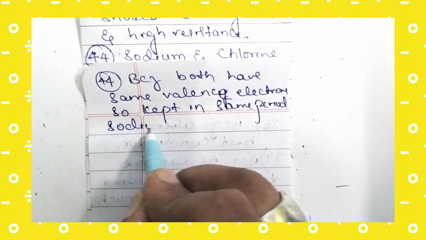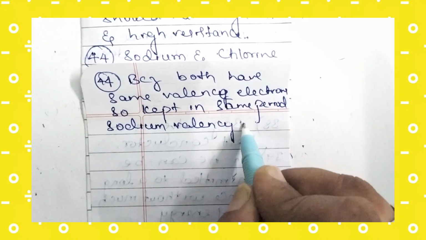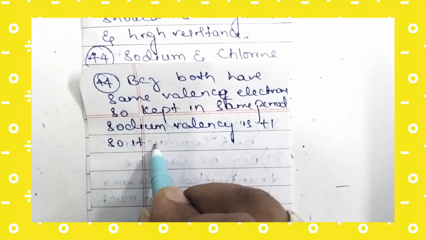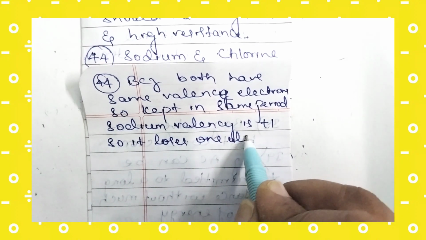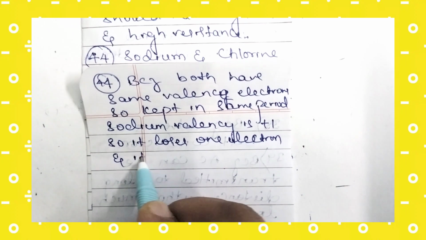Sodium valency is +1, so it loses 1 electron and it is a metal.